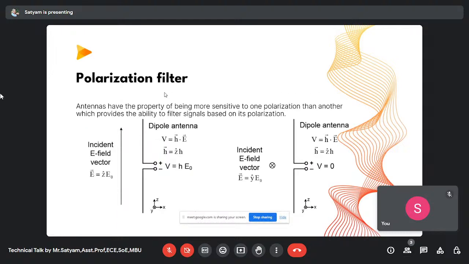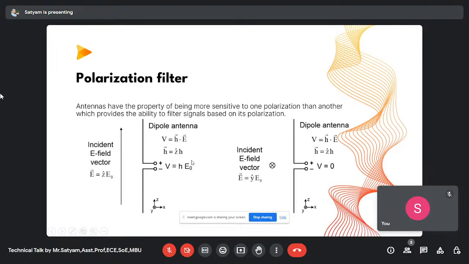And then polarization. Here a dipole antenna of height h has been taken, and these are two cases. On this side, the electric field is oriented along the z direction, right? What is the terminal voltage V here? V is equal to h dot E, where h is the height vector.